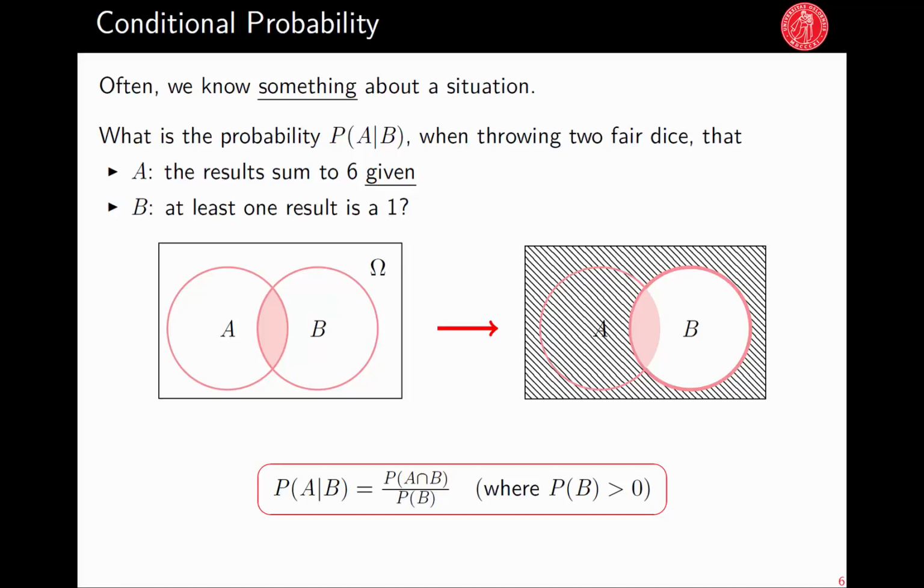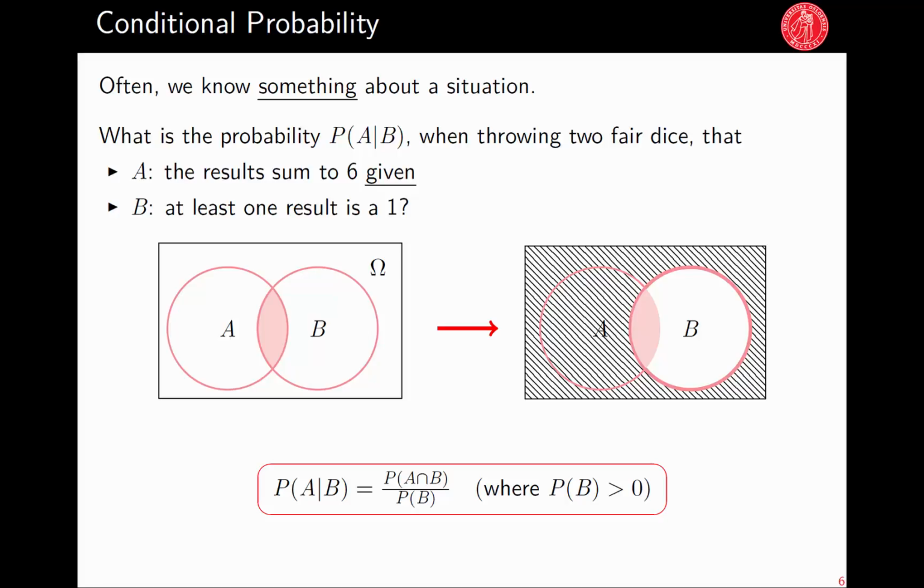So knowing that B holds true adjusts our expectation of A happening given B. We can express that as the proportion of the intersection to the space from which we select.